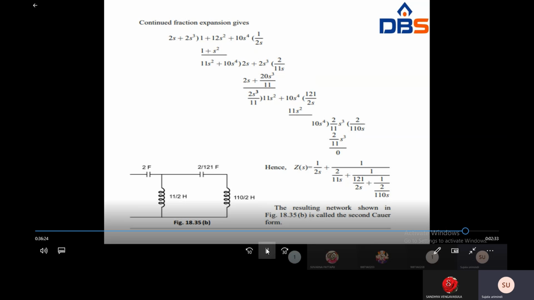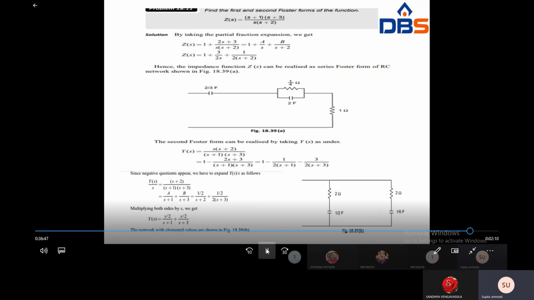In terms of 1 by s, it is inductance, another one will be capacitance, then inductance, then capacitance. Like that you have to note about the LC networks. Like that some of the problems are there.